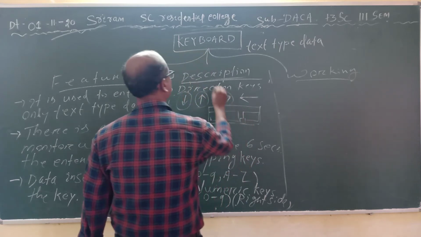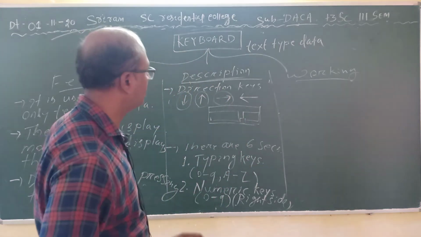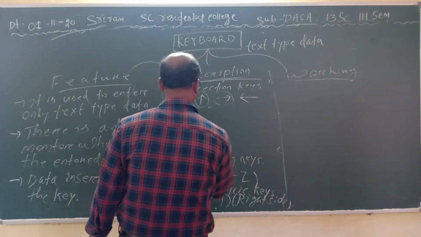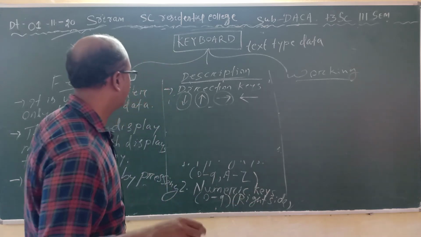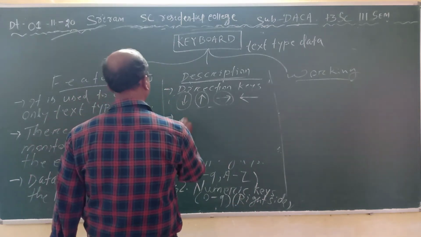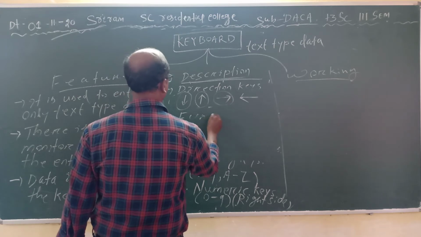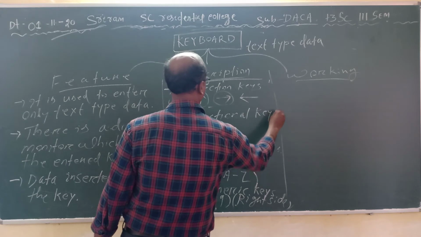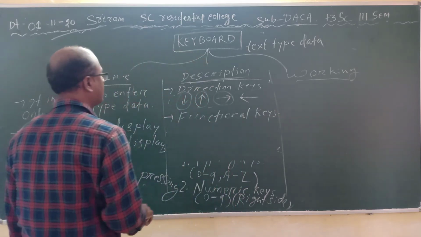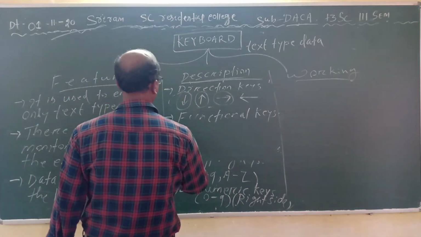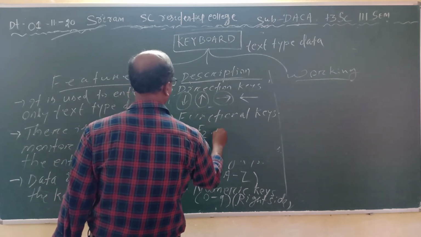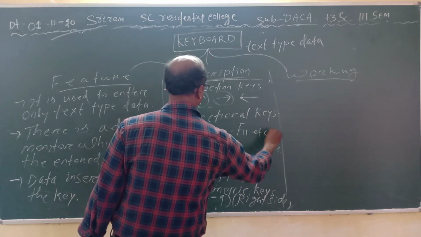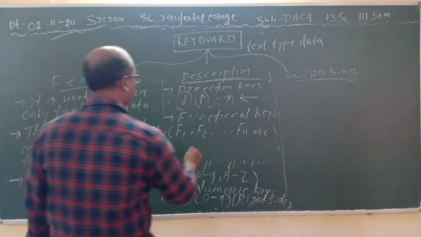This is the direction keys. Okay, the next part is the function keys. Some function keys are F1, F2, F11. These are function keys you can find on the top side of the keyboard.